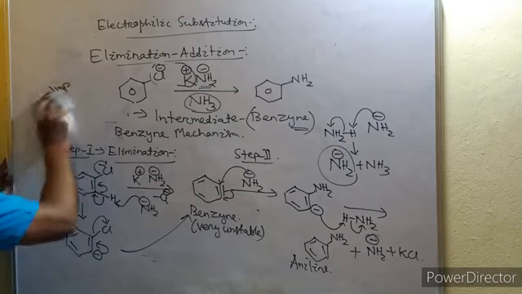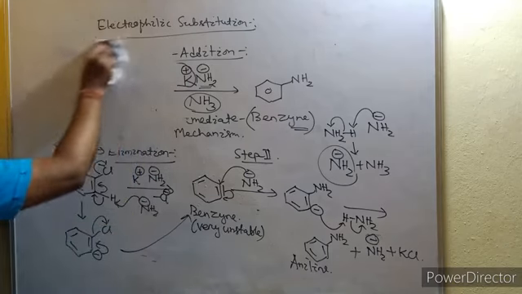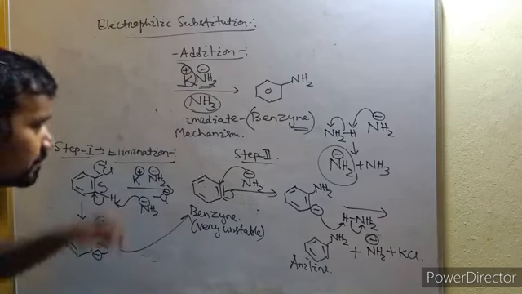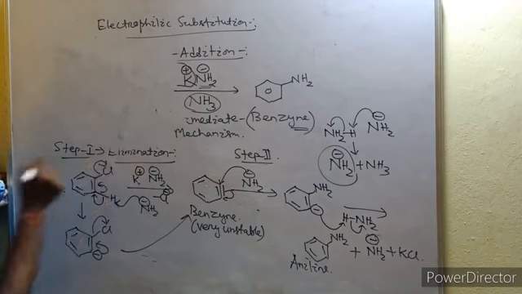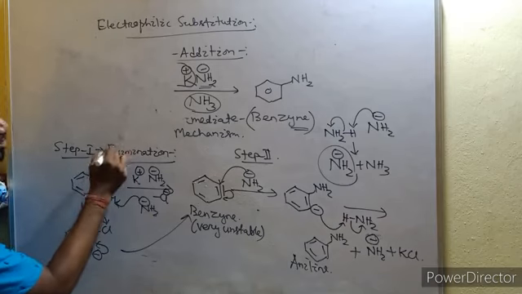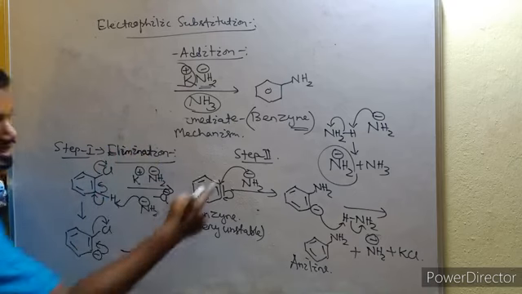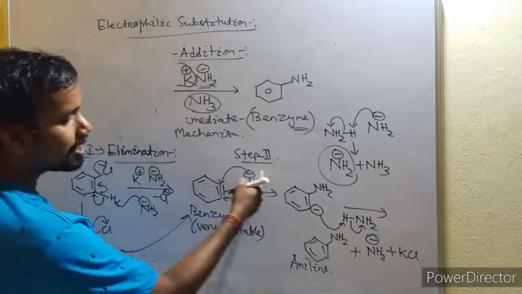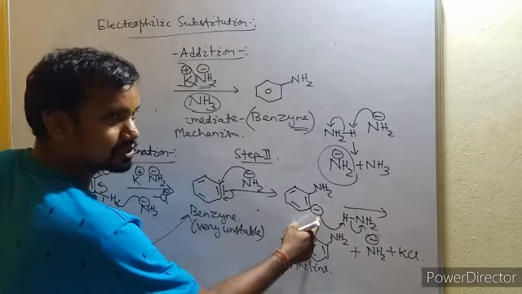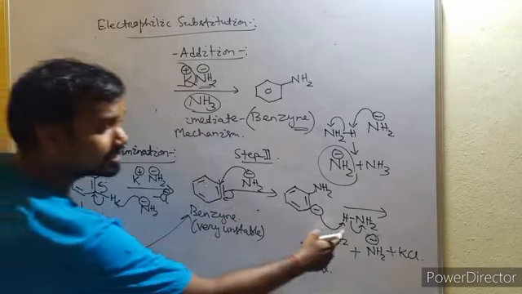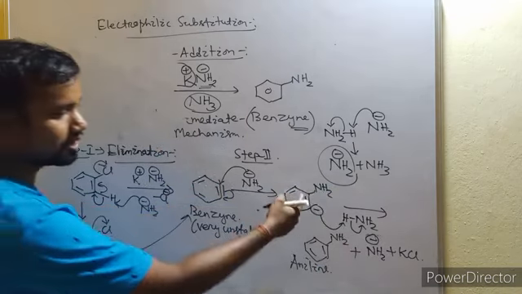So which reagent is used for trapping? See, important thing. This step is eliminating Cl minus. So the first step is your elimination. In this second step you are adding NH2 and another H. If you are not adding this H, then it will be called a substitution reaction.